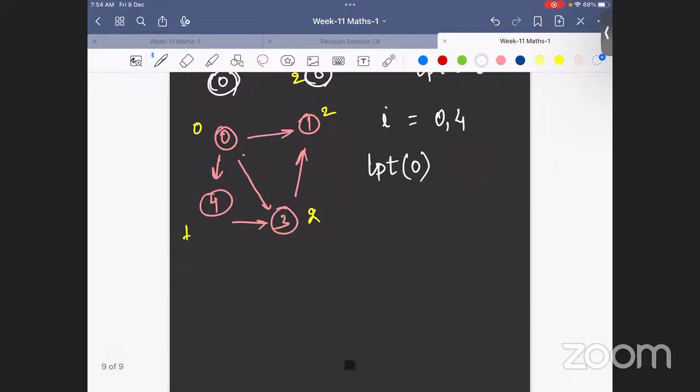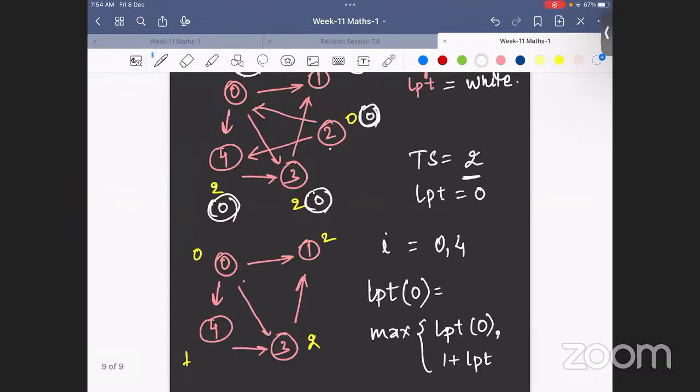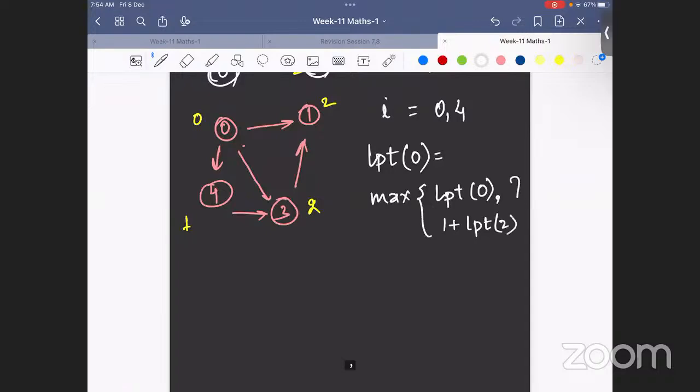So you have to update the value of LPT of 0, that will be writing maximum of longest path to I, so that means longest path to 0, so LPT of 0, comma 1 plus longest path to U. What was U here? The U was 2 for your case. So what should the value be?